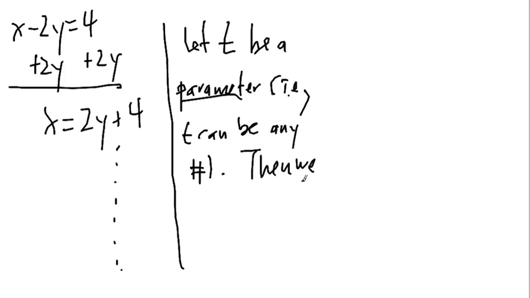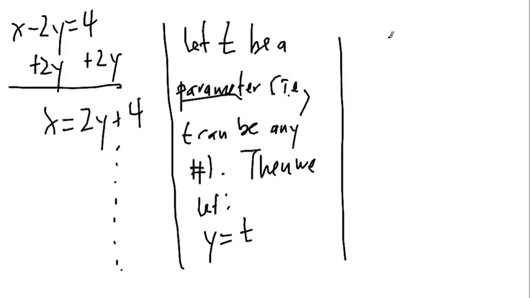Then we let y be equal to t, because y is on the right side here, so I'm going to describe x in terms of t. So y can be any real number, and x, since x is 2y plus 4, will be 2t plus 4.